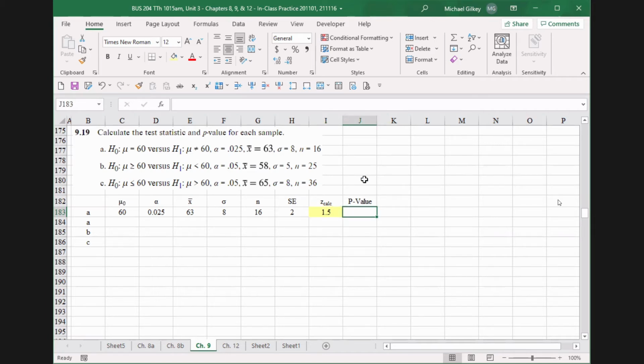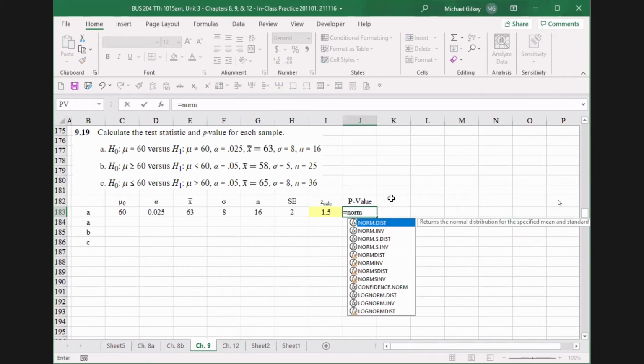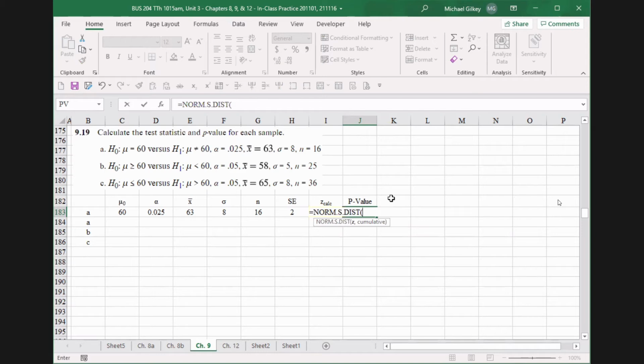It needs to be a .dist function because I'm computing area. I'm computing probability from a value. Here's my value, and I want the area to the left of that value. So it's going to be a .dist function, and since it's a standard normal distribution that we're using, it's norm.s.dist. And are we using cumulative distribution or probability density?